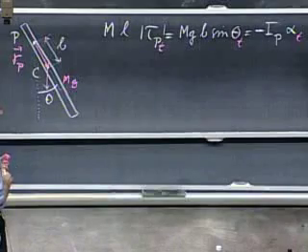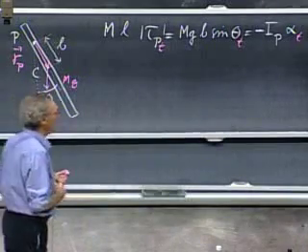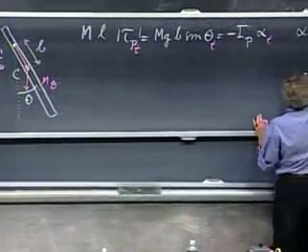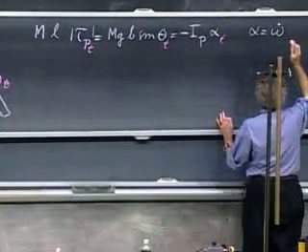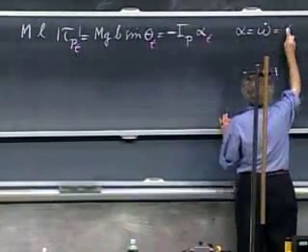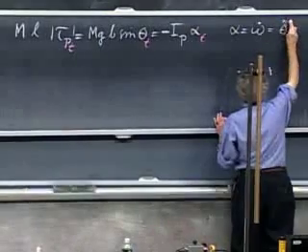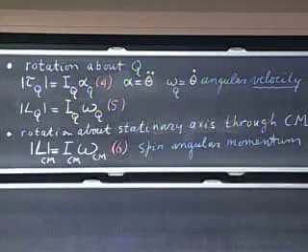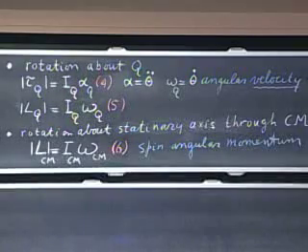Now I say, aha, small angle approximation. By the way, alpha equals omega dot, the first derivative of the angular velocity, therefore also equals theta double dot. I also wrote that there. And theta is this angle. This is the change of this angle that you see there, the second derivative.